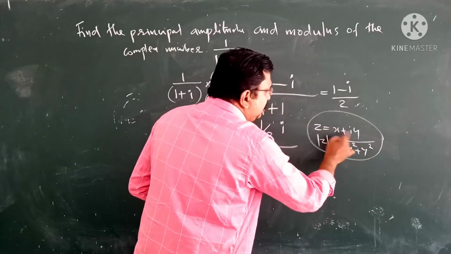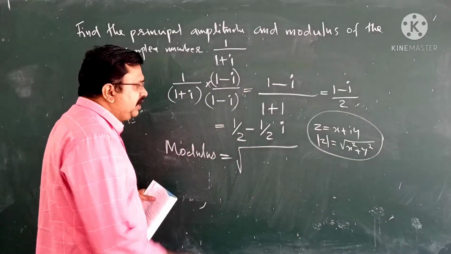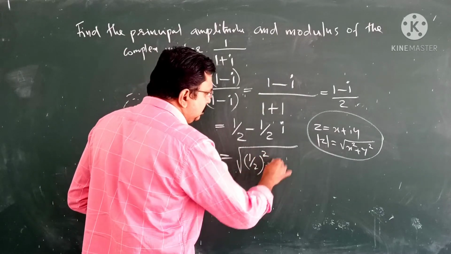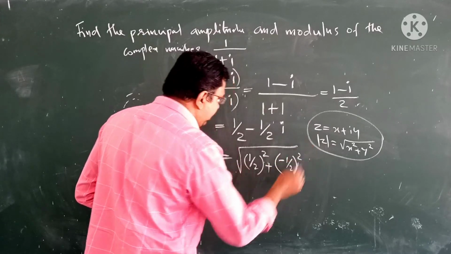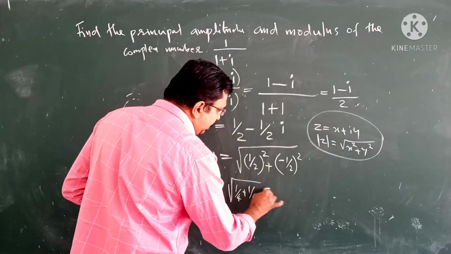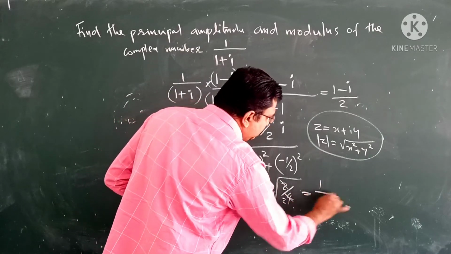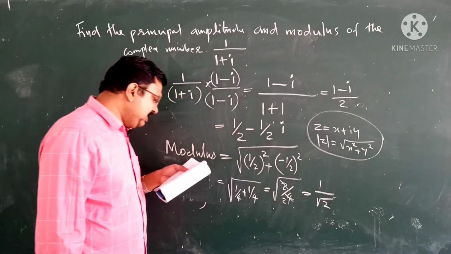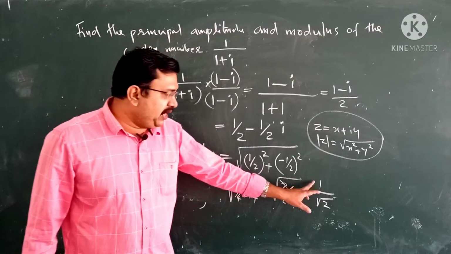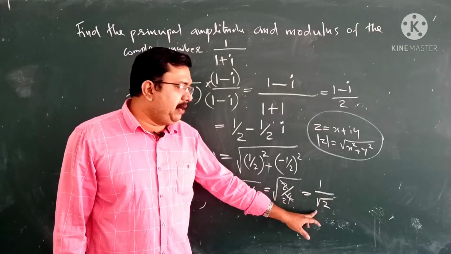Here, 1 by 2 is x, so x square plus minus 1 by 2 square is equal to root of 1 by 4 plus 1 by 4, which is root 2 by 4. 2 and 4 cancel 2, then the answer is 1 by root 2. Modulus is equal to 1 by root 2. Here the modulus of the complex number is 1 by root 2.